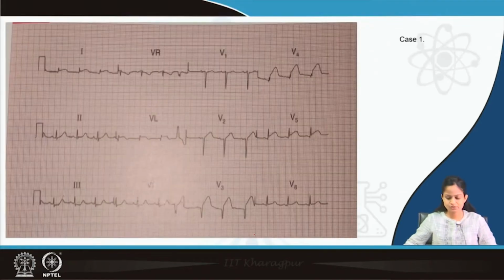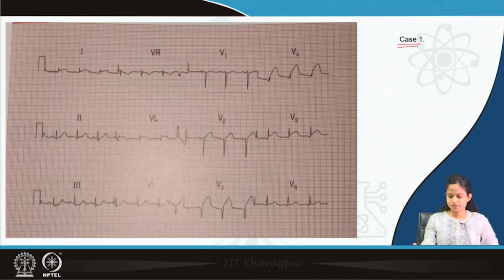Now before moving on to the main topic, we will discuss about this ECG. This is the patient who has presented in an emergency with a severe chest pain for half an hour. So, what we see in this ECG, the first and foremost we should see about the sinus rate.